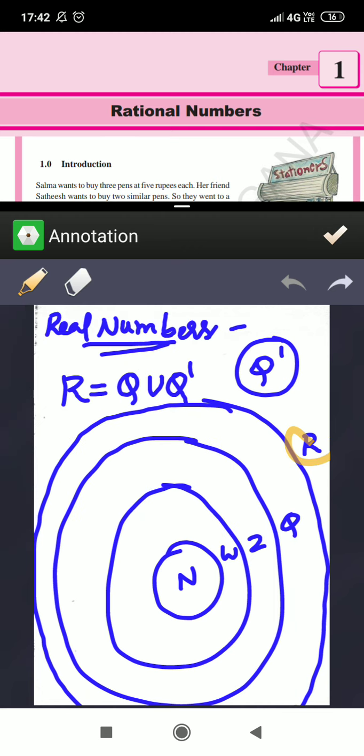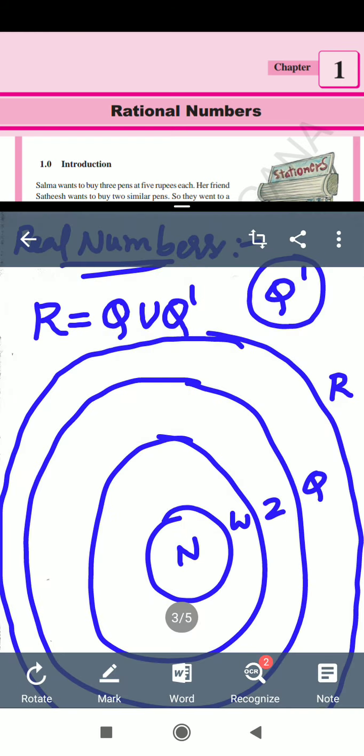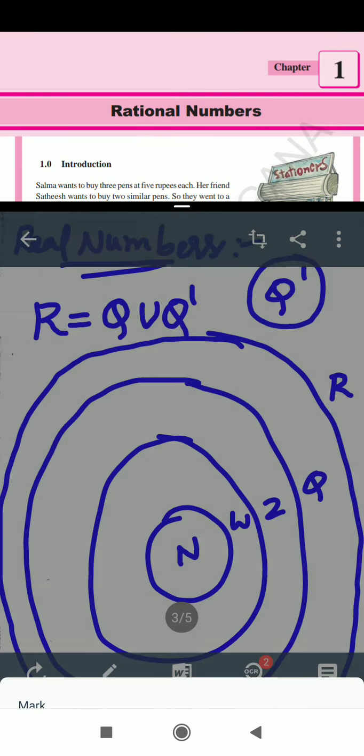You can observe here: natural numbers, whole numbers, integers, rational numbers, real numbers. Real numbers is nothing but the union of Q and Q prime. What is Q prime? You may get a doubt.